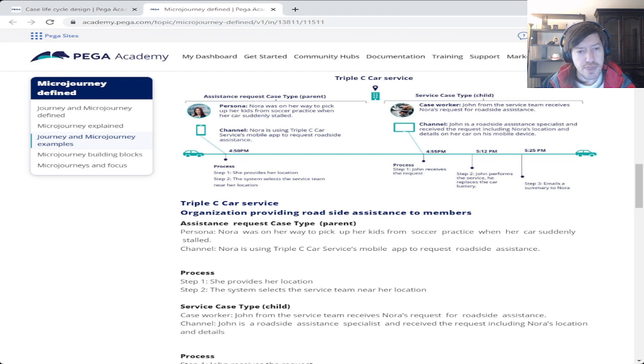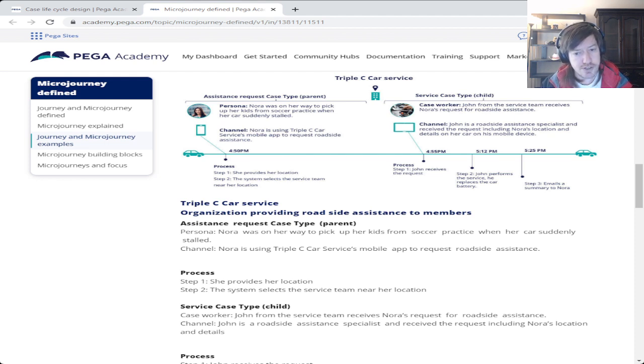Caseworker. That's a persona, not. Oh, Pega, what are you doing here? Okay, and shouldn't this be assistance request stage and service type stage or service stage?